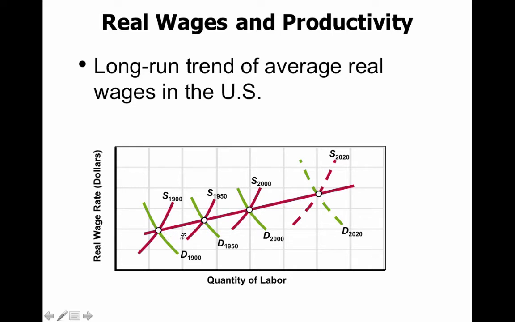Because clearly if we were just getting more productive and demand for labor were staying the same, then our wage would be going down. So our productivity needs to go up, and that's part of the reason that we can have these shifts in demand to absorb a larger population and everything else. So real wage has steadily grown, and we anticipate that it will continue to grow.